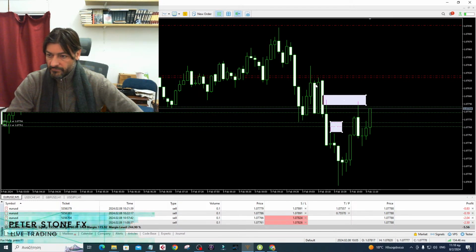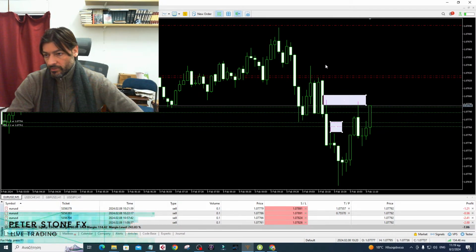As you can see, candle down, candle up, and then down. So this is a bearish order block. So this area is a strong one. For sure, it can also go and reach here.